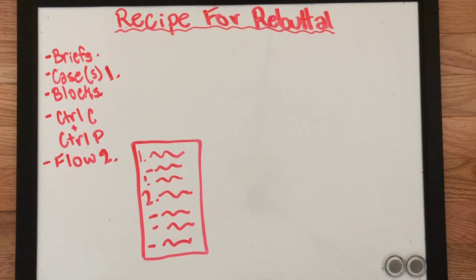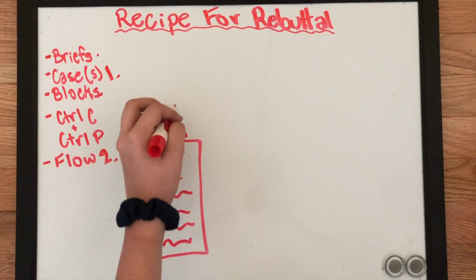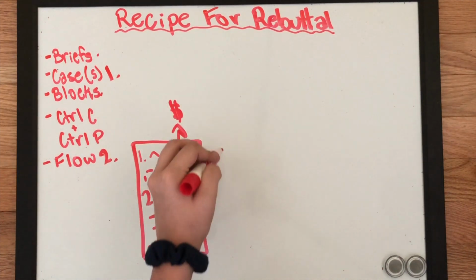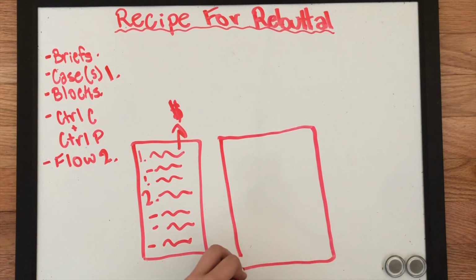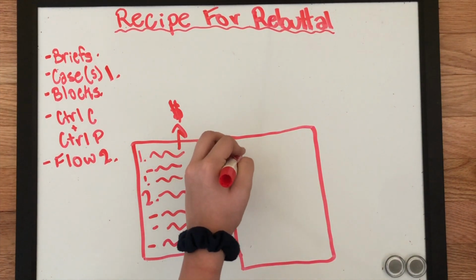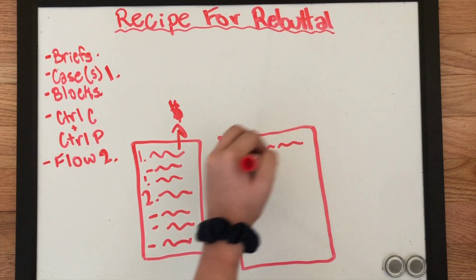So let's just say we're still doing the chocolate versus vanilla debate on ice cream. If they are talking about how good chocolate is, let's just pretend that their first contention is on the economy. So you're going to go to your brief or to your block and look for information about how chocolate is bad for the economy.